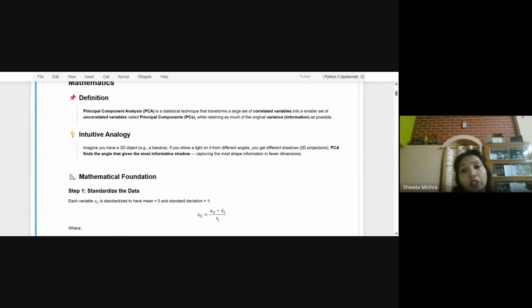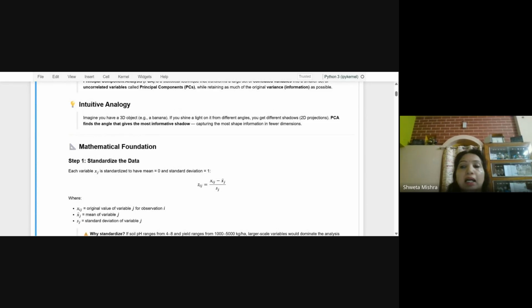That is very important, because PCA is not only reducing the number of variables, but it is maintaining the quality of the information. It is not that while using PCA or reducing into a lesser number of variables, we are losing important information.